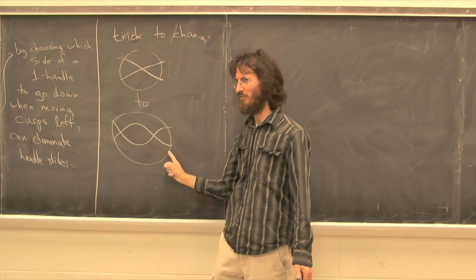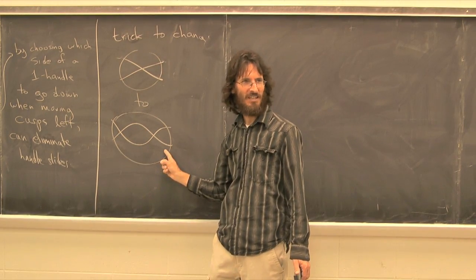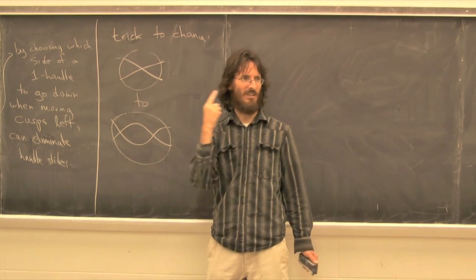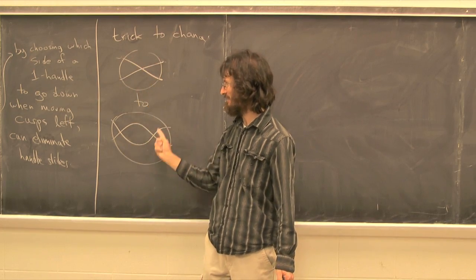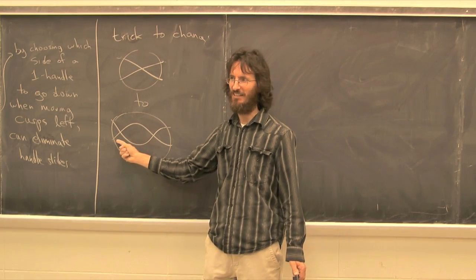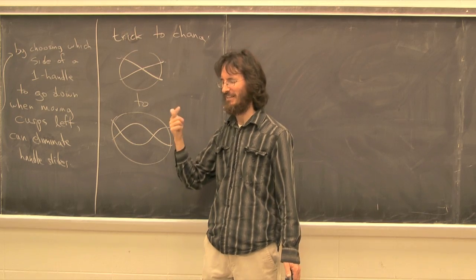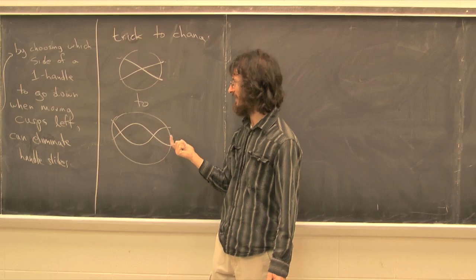This is a local picture in a different one parameter family of Morse functions, starting and ending with the same Morse function. So you can think of going here and then going back that way as a loop of Morse functions, okay? And it's a loop of Morse functions that has 3 crossings in it. And I claim that that's an interesting loop, which is a non-trivial loop in Morse functions.